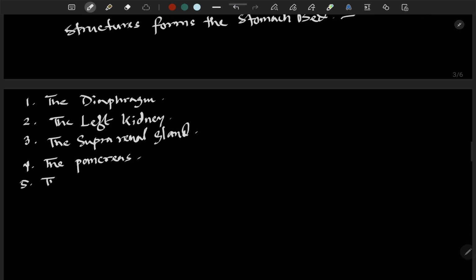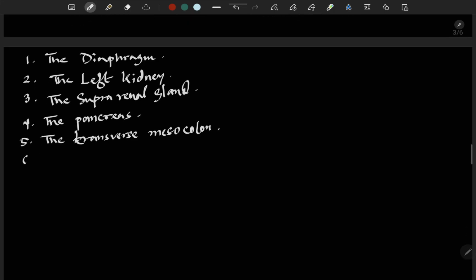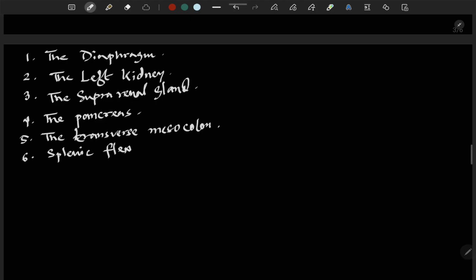Number 5, the transverse mesocolon. Number 6, splenic flexure of colon. Number 7, splenic artery.